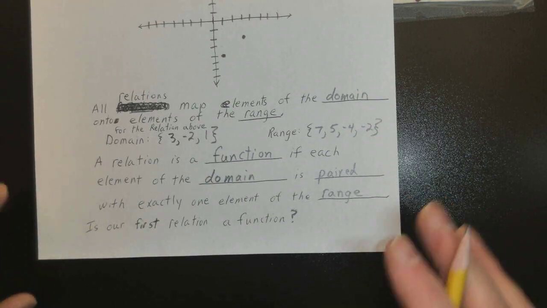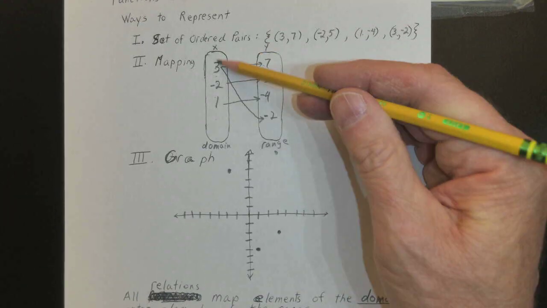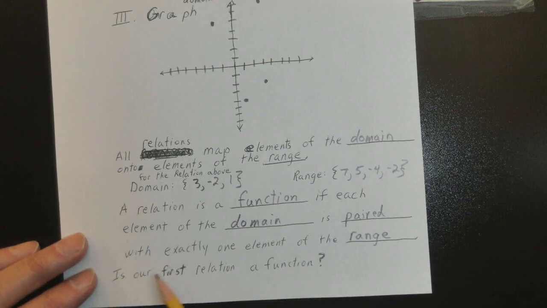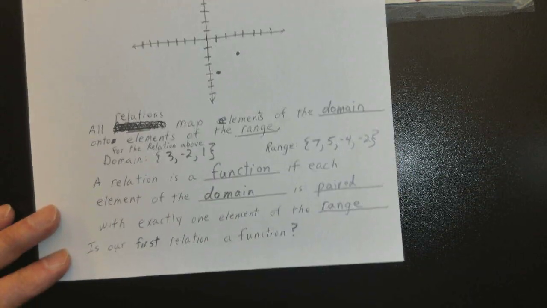All right. Each element of the domain is paired with exactly one element of the range. Is our first relation here a function?